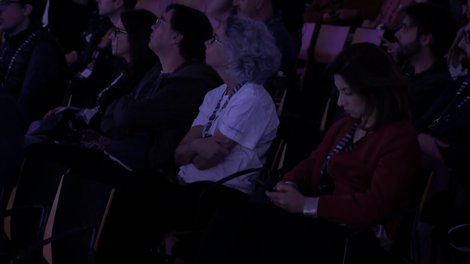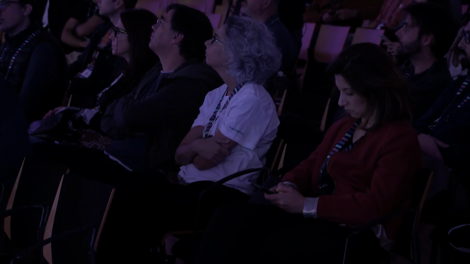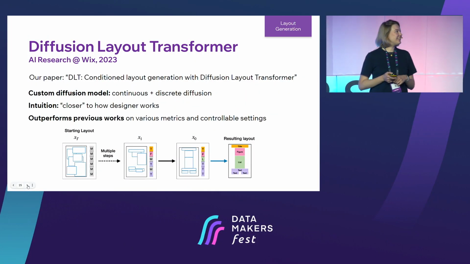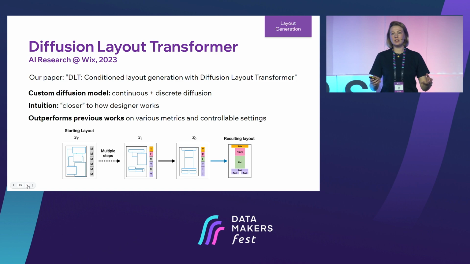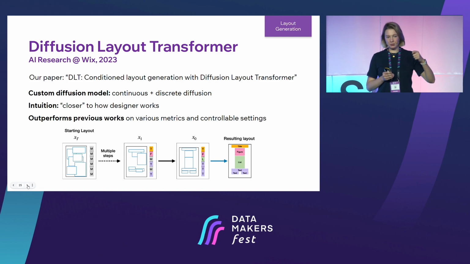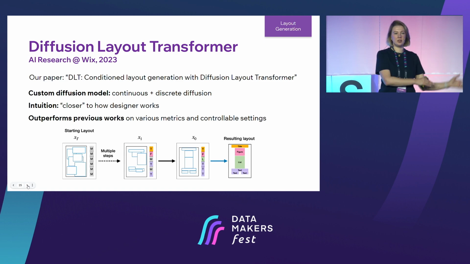So our team this year, together with other teams who are doing it, proposed a solution to this problem, and it's called conditional layout generation with diffusion layout transformer. It can sound hard, but the principle is the same. Basically, we are taking layouts, we are adding noise to them using the diffusion process, and then we train the model to denoise these layouts back.